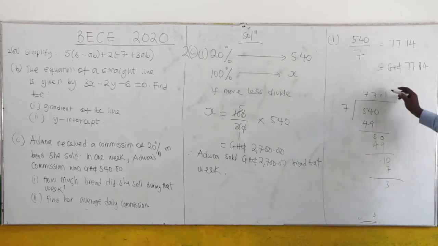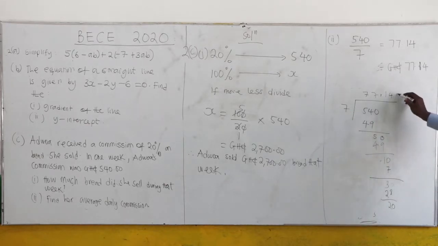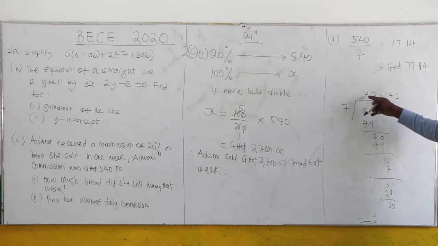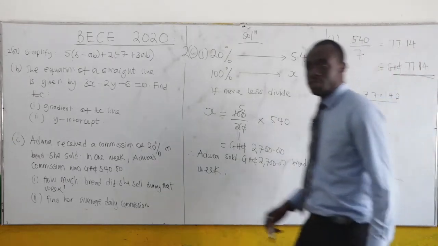This is 4 times because 4 times 7 is 28. We'll be getting 2 down here. 0. 7 will go into 20. That is 2 times, that's 14. And because it is currency, it will be 77.14. So that is the answer. That's how come we had this. So you can show working in your answer sheet as well.